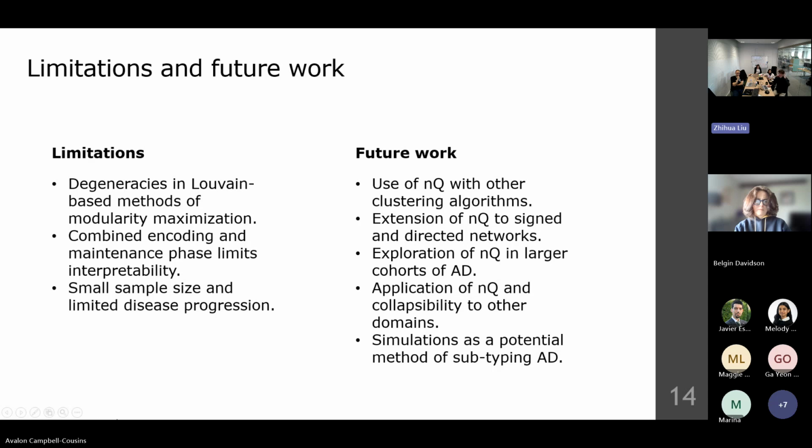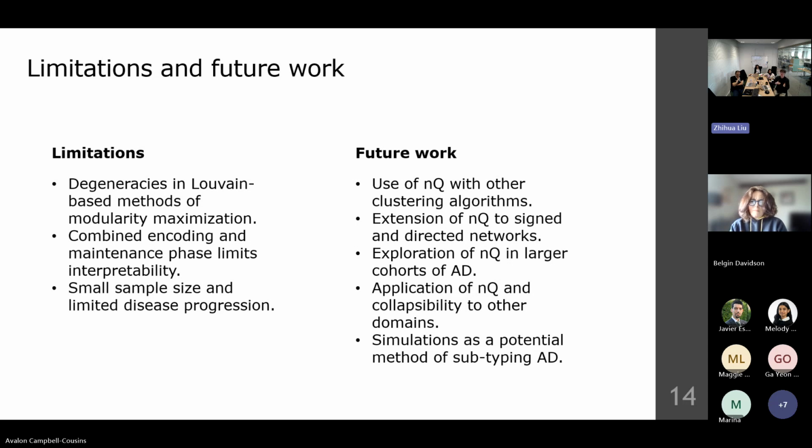And the other thing is that I think simulation-based models could be very interesting to look into for AD subtyping. A lot of recent research is suggesting that there are many different trajectories that can occur within Alzheimer's disease.